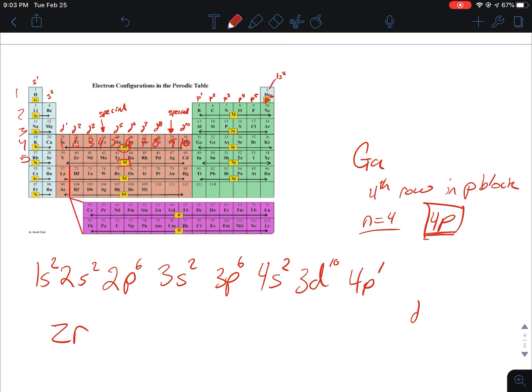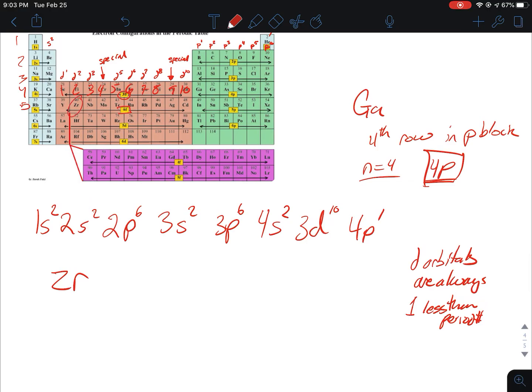So I guess we can write that d orbitals are always one less than period number. Okay, so zirconium's right here.